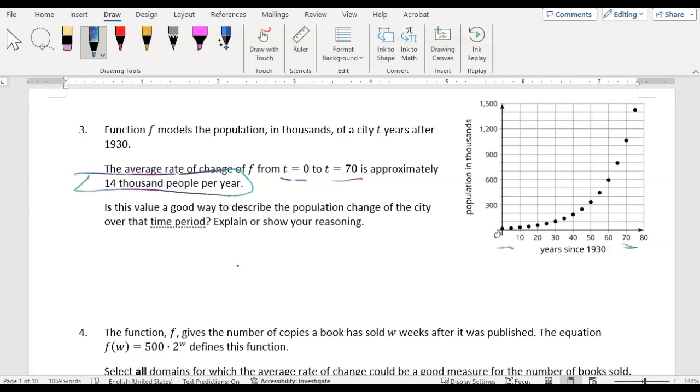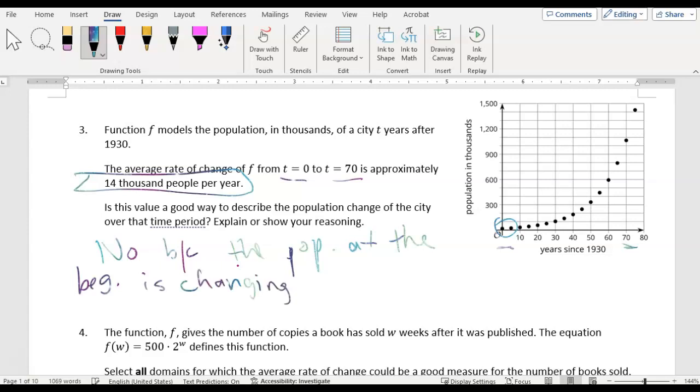So for 70 years. No, because notice at the beginning, the population is changing much less than 14,000.